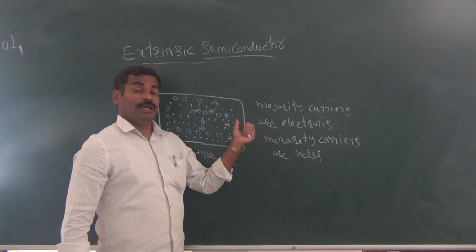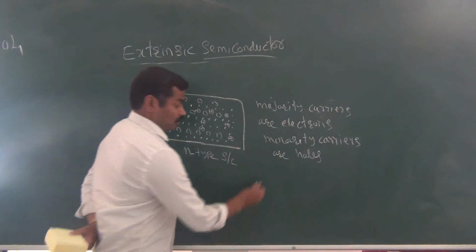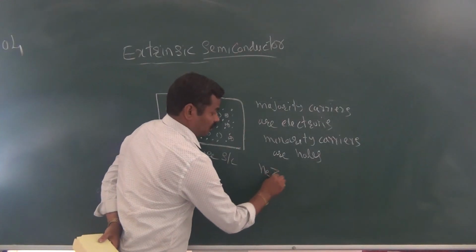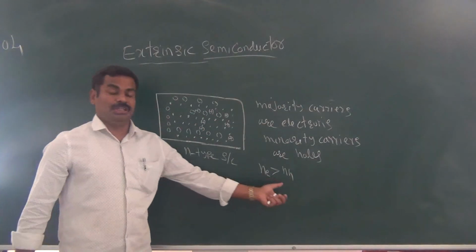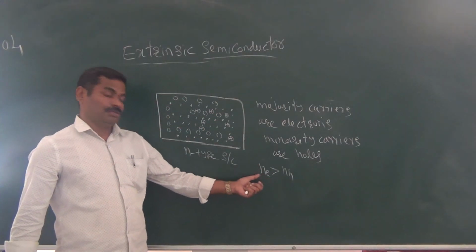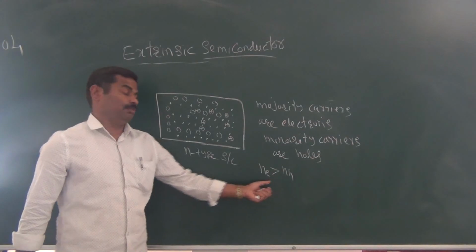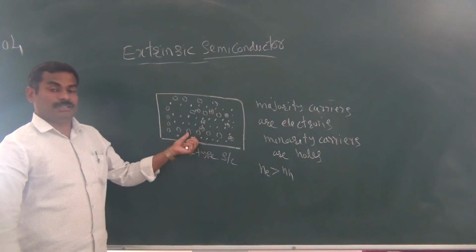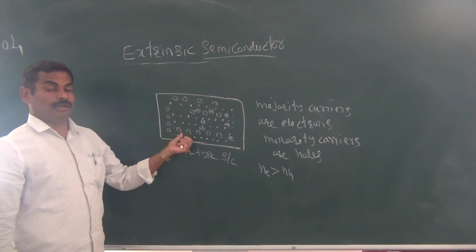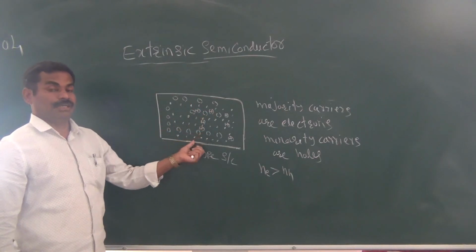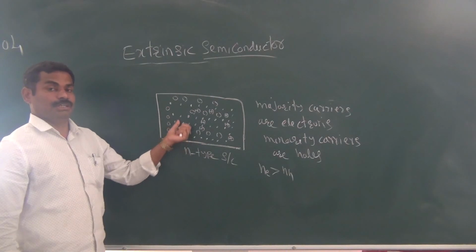It means electrons are very many, right? Ne is more than Nh. The number of electrons is more than the number of holes. In the n-type semiconductor, there are more electrons because electrons are majority carriers and holes are the minority carriers. And how will you get the holes? That is because of temperature.